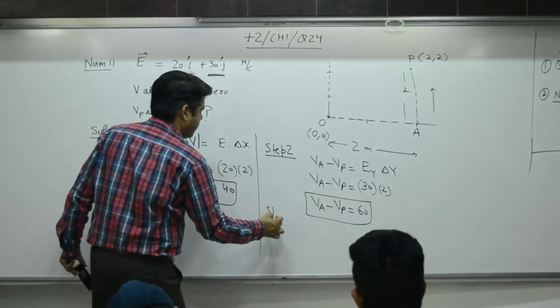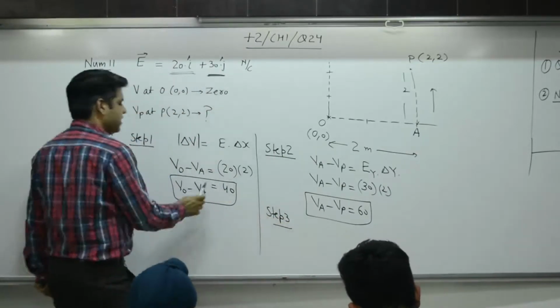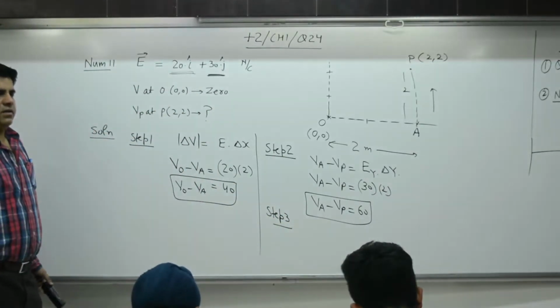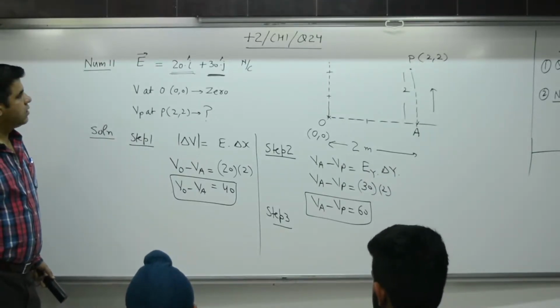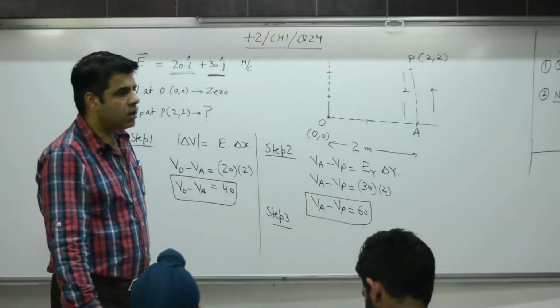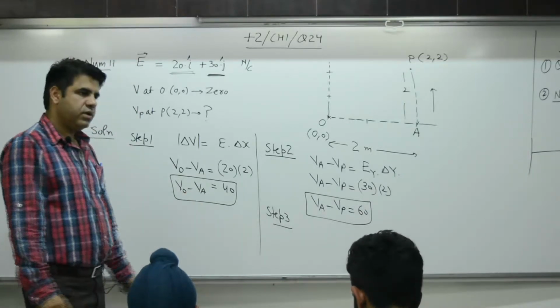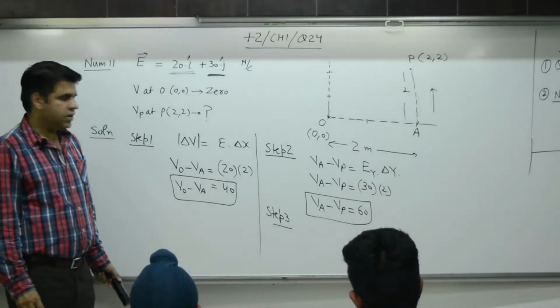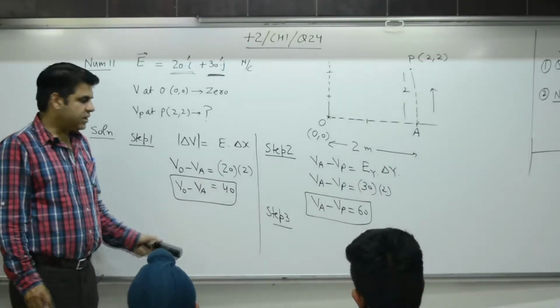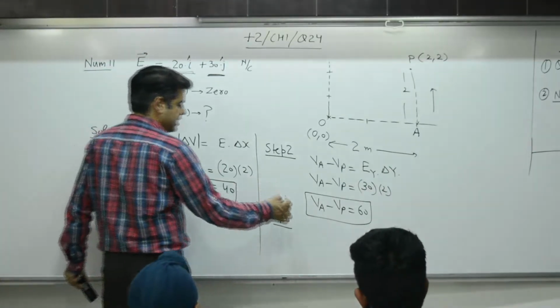Step 3. Add the 2. Will the total potential come? How will it come? Add the 2. If you add the 2, VA is cancelled.